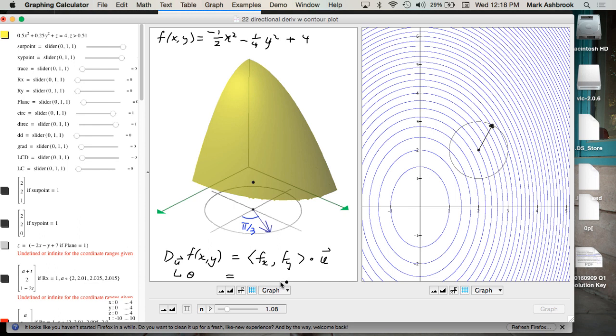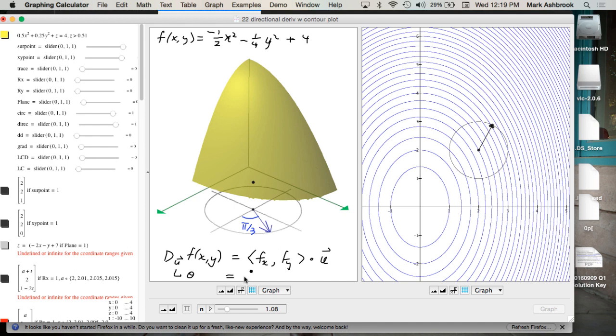Okay, and so now for this function, what is that? So I've got the gradient as f sub x, f sub y. Now I'm removing us from 2, 2 and pi over 3, and I just want to get a general formula for the directional derivative at any point x, y and in any direction. Yeah, Trevor?